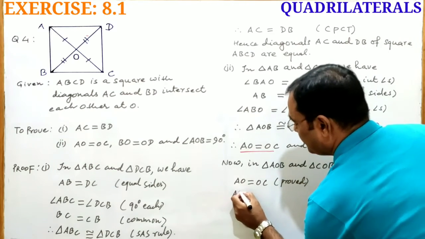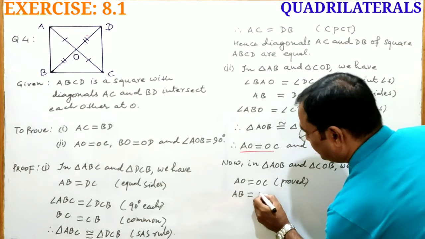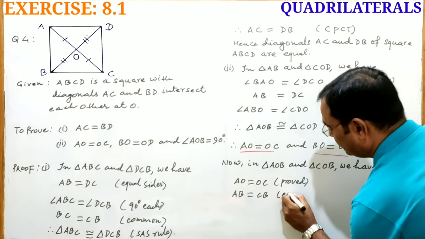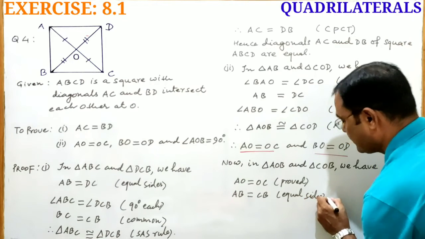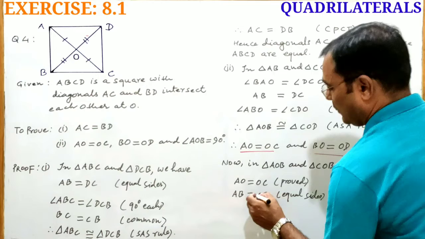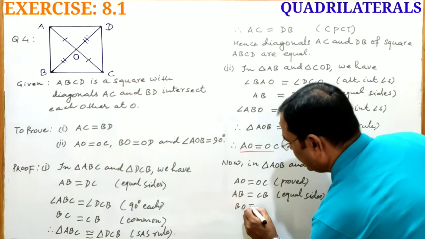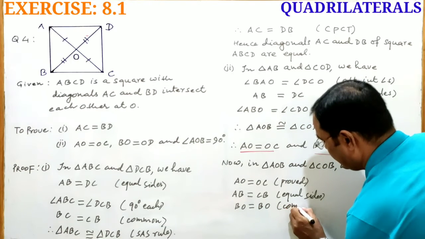AB equal to CB, sides of square, equal sides, and BO is equal to BO, common side.